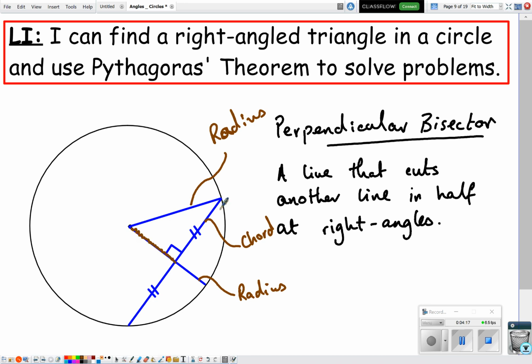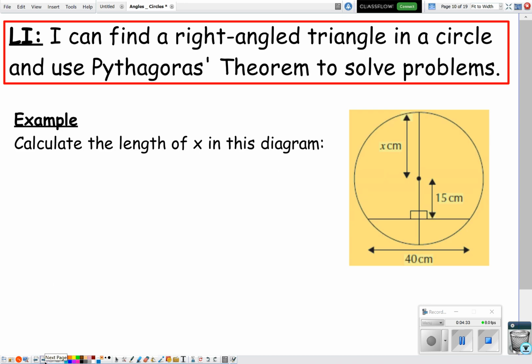If I knew the other two sides, I could use Pythagoras to do that. I could also, if I knew the chord length and if I knew the height, find the radius of the circle using Pythagoras' theorem. So these are the kinds of things that we're going to take a wee look at in the next couple of examples. This is quite a typical one here.